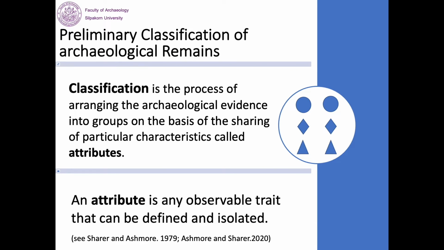According to Sharer and Ashmore, classification is the process of arranging the archaeological evidence into groups on the basis of the sharing of particular characteristics called attributes. An attribute is any observable trait that can be defined and isolated.